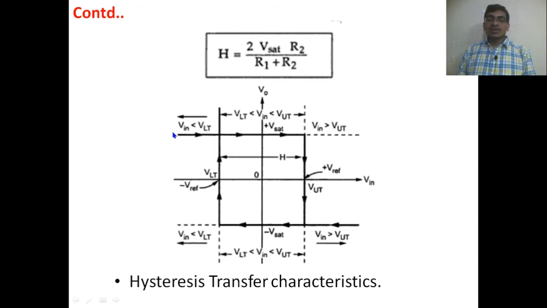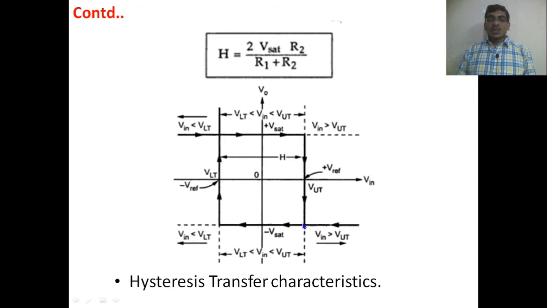So we are starting from here. Our output is in the plus V saturation now. This output voltage will not change in this entire period. Only when the input voltage is greater than this upper threshold voltage will the output be switched from the plus V saturation level to the minus V saturation level.